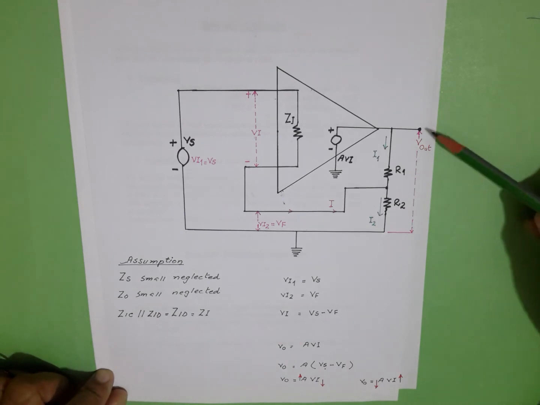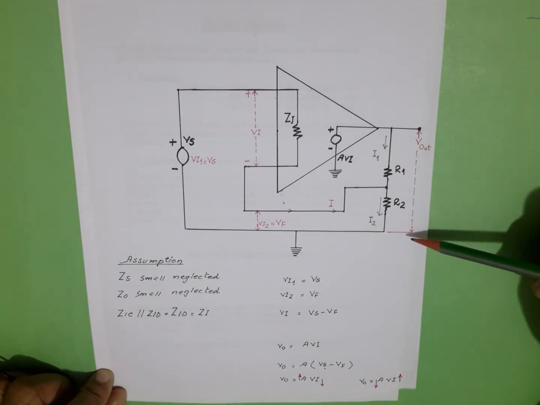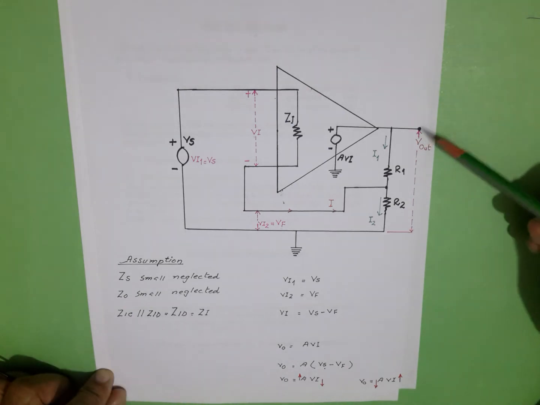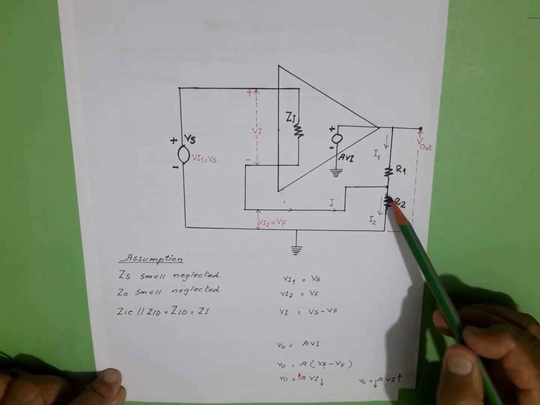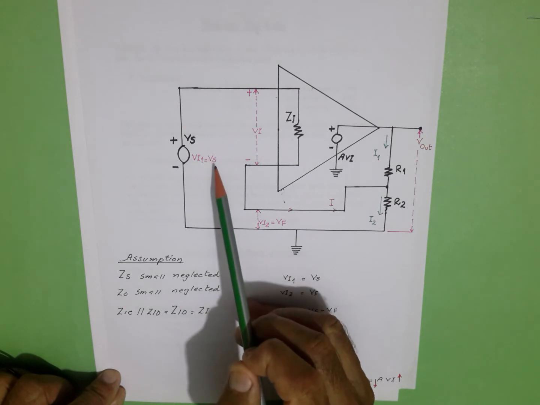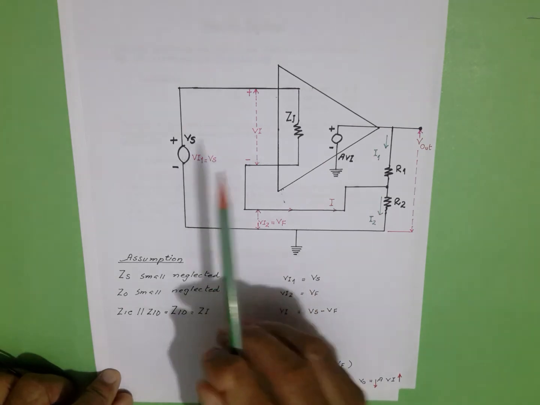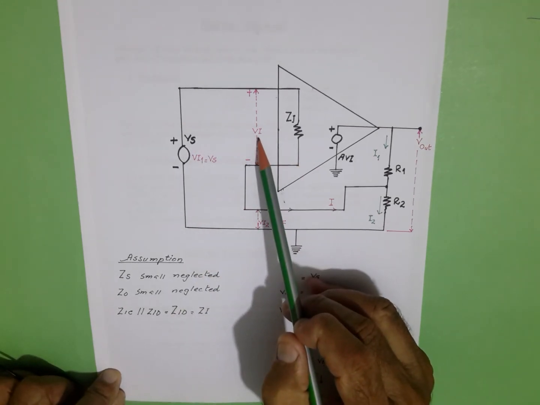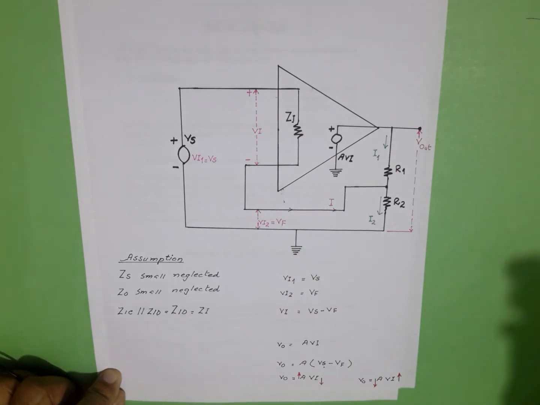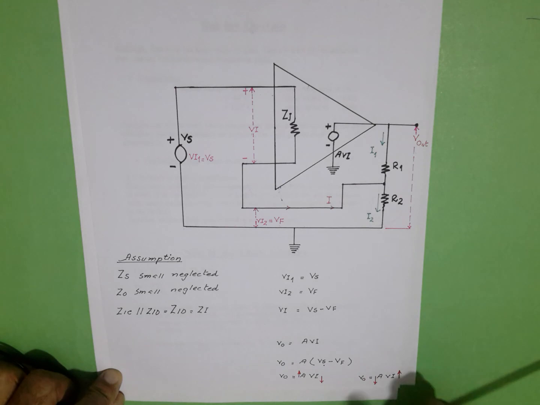The moment V out decreases due to variation in temperature and gain A tends to decrease the output voltage, the voltage across R2 decreases. It subtracts from the signal voltage, and the V input increases, that will increase V naught. The amount by which V naught was falling is counterbalanced by the decrease in feedback.